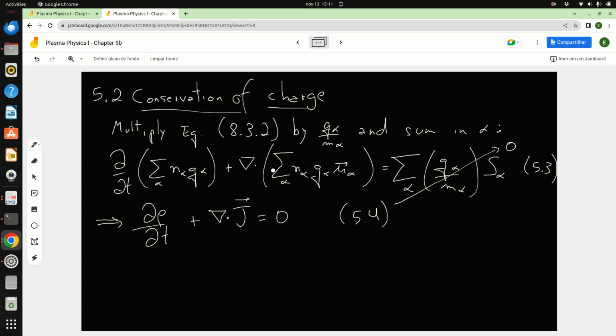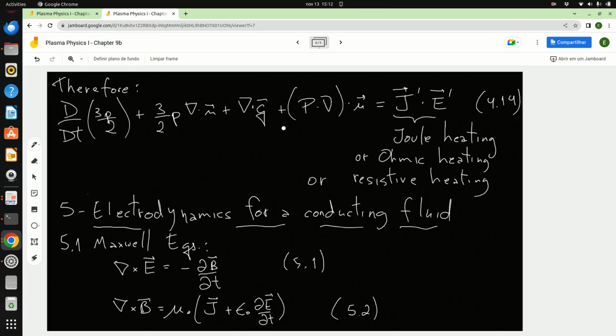And you end up with this because this is the current density. Sorry, this is charge density and this is current density. Okay, so if you take the divergence of 5.1, whereas 5.1 is this.